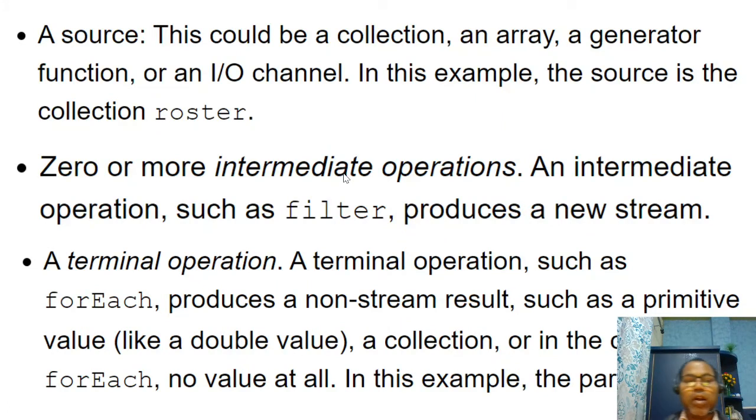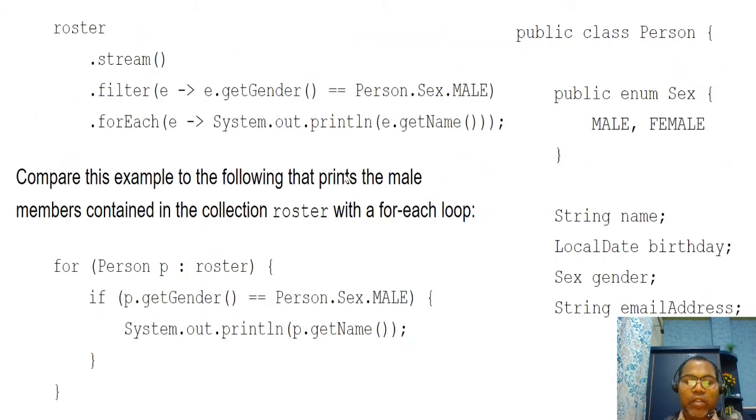So these are the key components of the stream pipeline. A pipeline is a set of functions. Each intermediate function produces a new stream of data. Let us see one example, and then we'll discuss how this looks. Here is your list of roster, and this is how you start your stream: you call the stream method, then you have the filter, and then we have the forEach.